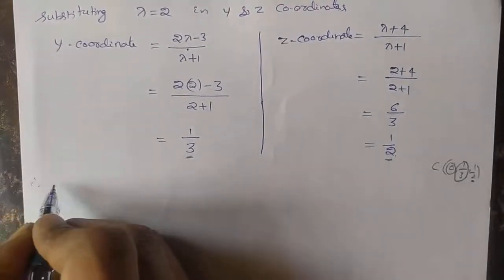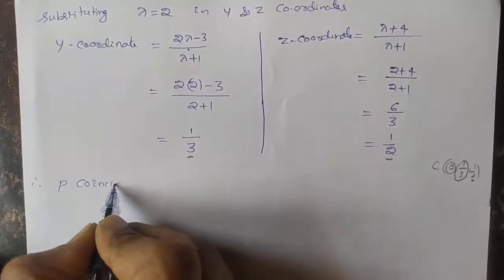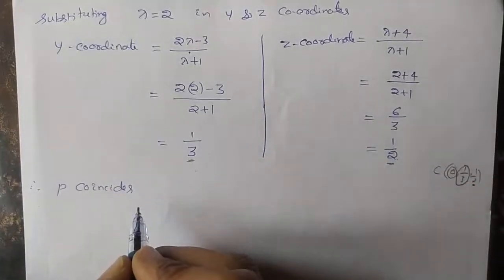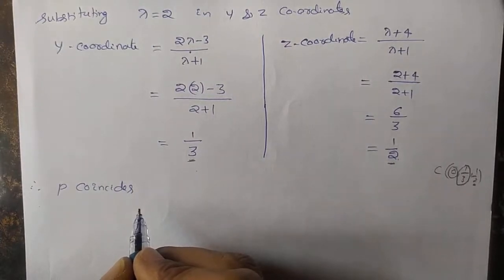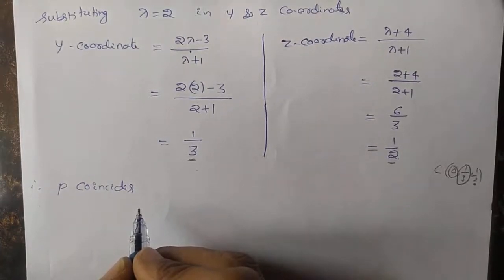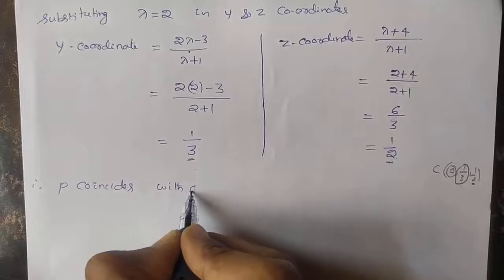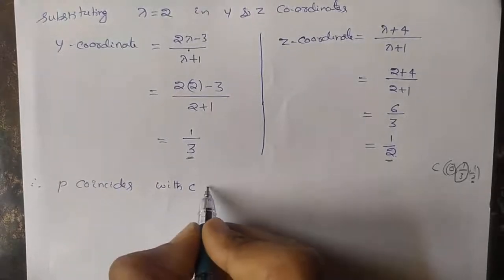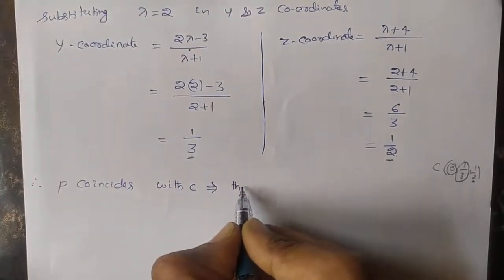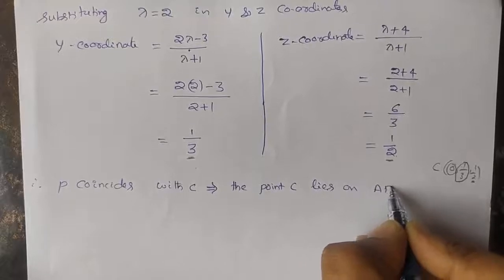Therefore, P coincides with C. The point P coincides with C. Therefore we can say that the point C lies on the line AB.